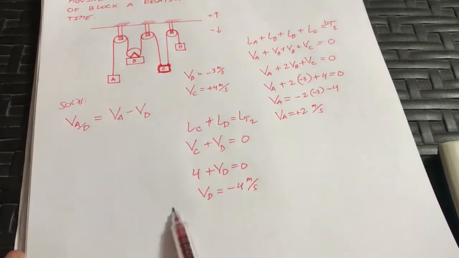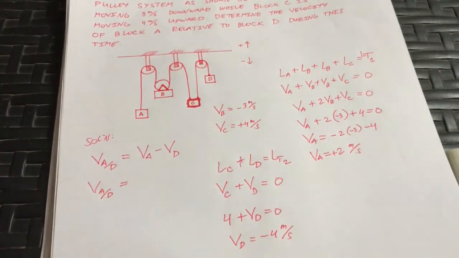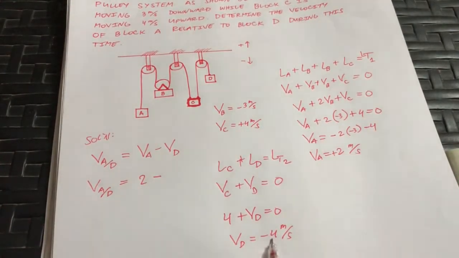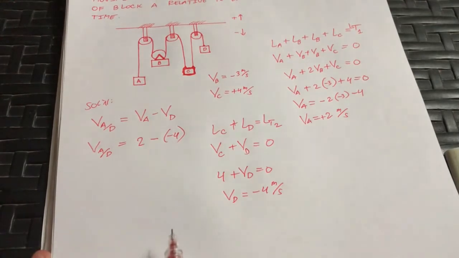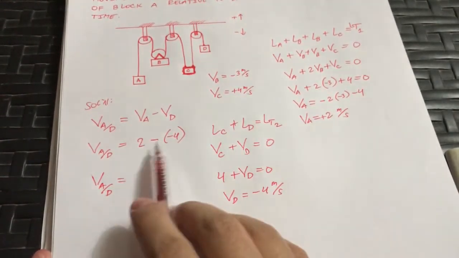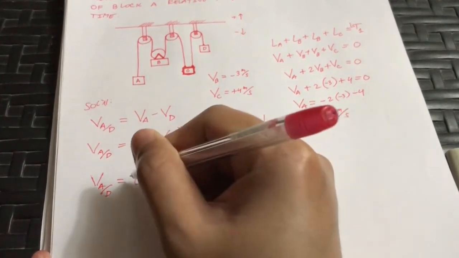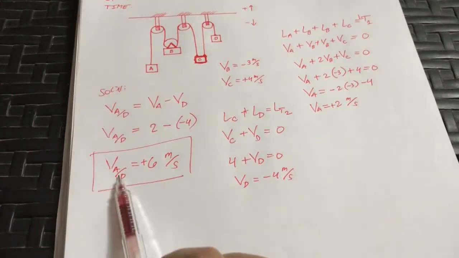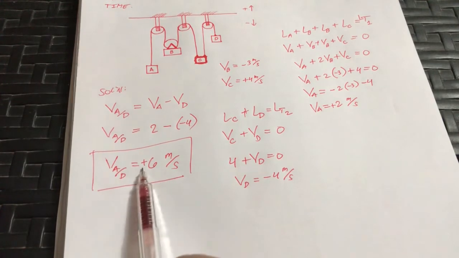Substituting the values of VA and VD, we have the velocity of A relative to D: VA is 2 minus negative 4. This becomes positive, so this is now 6 meters per second. So we have the velocity of A relative to the velocity of D, 6 meters per second positive.